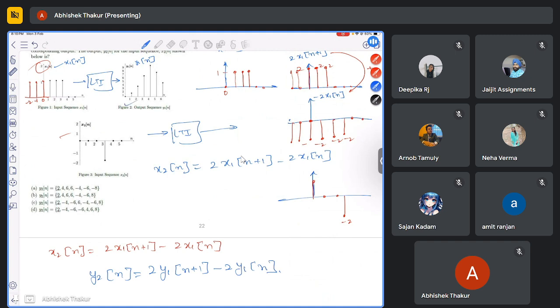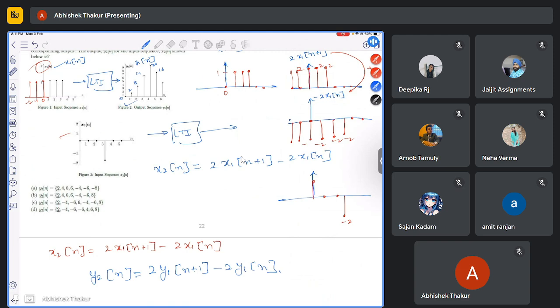So this is our y of 1 n, and when you multiply with 2, it will become 2 of y1n. What will be the value? 0. This is 1, so 2. This is 8. This is 14. This is 9, I guess. No, this is 10. So 20, 60.